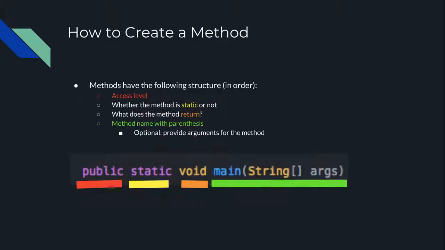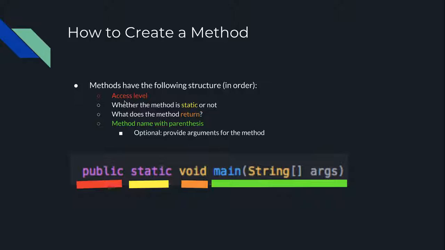So this is just some outline in order to create a method. Here are 4 different criteria which you need to meet, and I'm going to be using this main function in order to illustrate that example. So here we say that the method needs to have the following structure in this following order strictly.